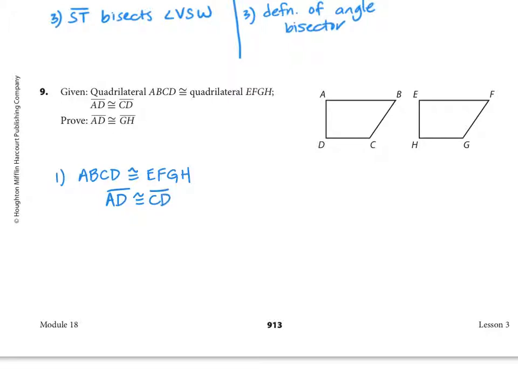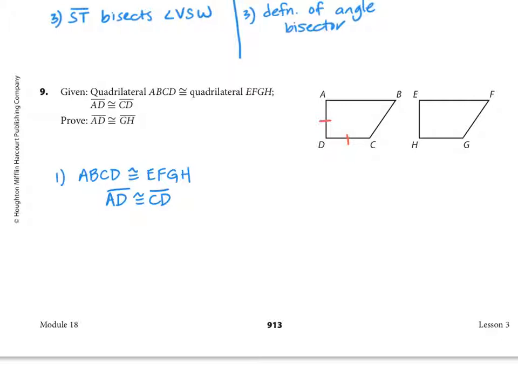I'm actually going to mark on the picture that second thing, which is that segment AD and segment CD are congruent. Notice that segment AD and CD are from the same shape, right? So they don't correspond, because you would have to correspond one side from this quadrilateral to the other quadrilateral.